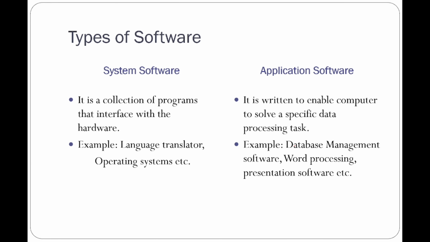System software are programs which act as an intermediary between user and the hardware. Whereas application programs, as I told you earlier, are written to enable your computer to solve a specific processing task, such as database management systems, word processing, or even presentation software.